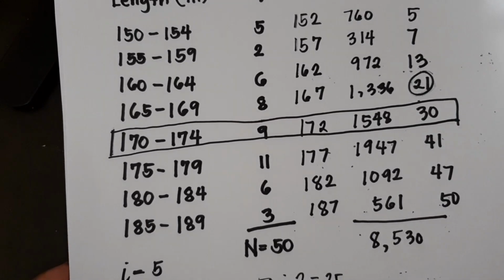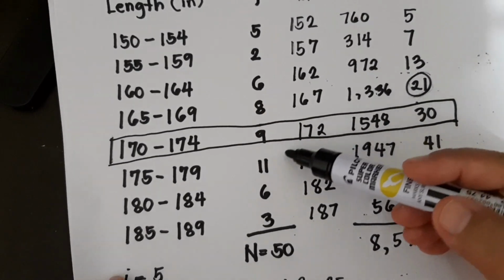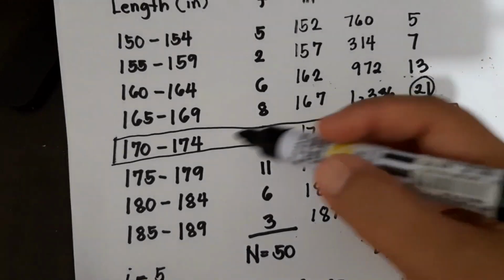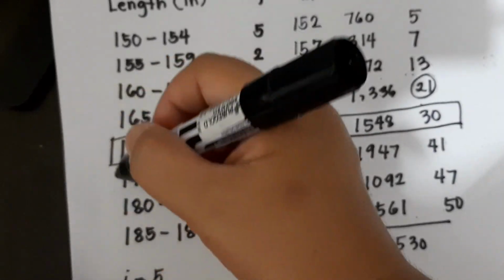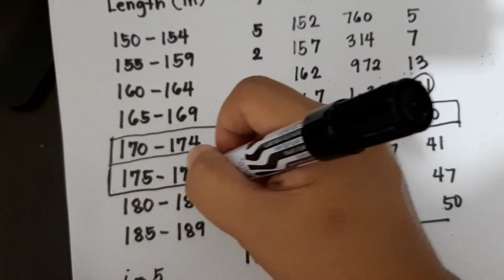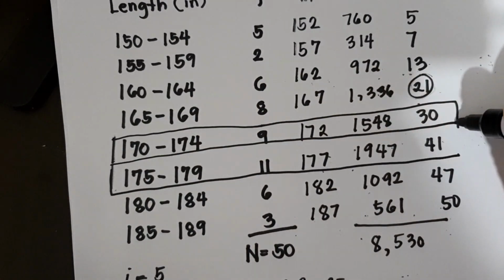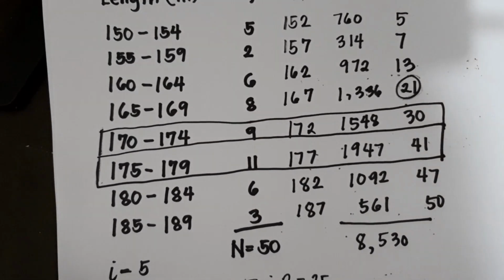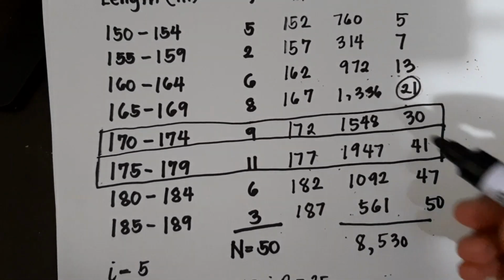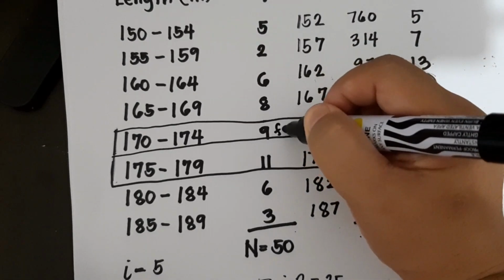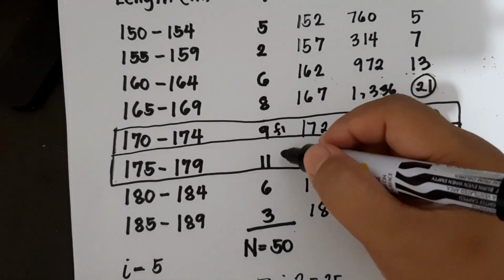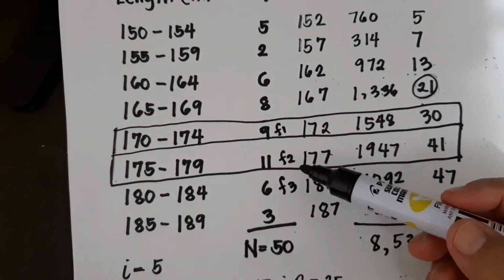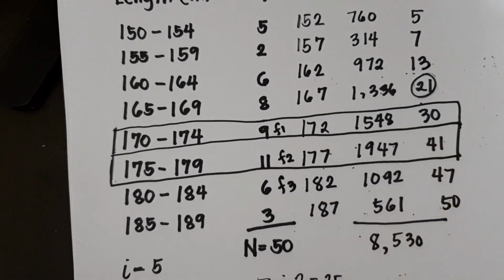So, ano yun? Dito, we have 11. Dito, ito ang pinakamataas sa frequency, kaya ito yung ating modal class. So, lagyan lang natin siya ng ganyan. Another box for the mode. Okay? Then, after that, ang gagawin natin frequency 1 ay yung 9. Then, frequency 2 yung 11. Then, frequency 3 yung 6. So, igitna nyo na lang yung frequency ng modal class.